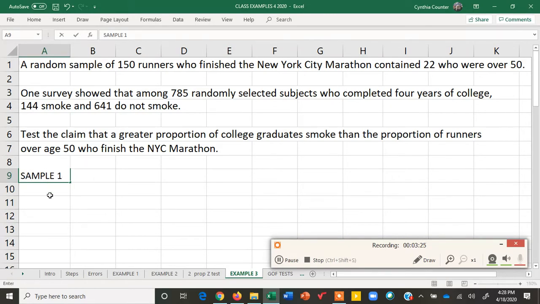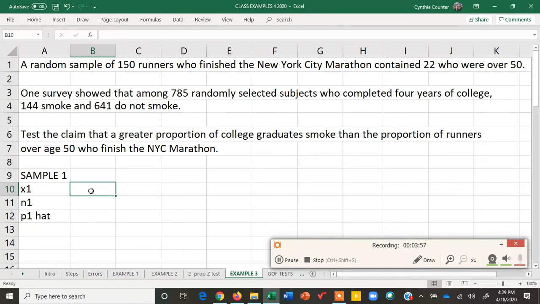Sample 1. We are going to identify our x1, our n1, and we will compute p1 hat. I like to write everything in its separate cell because we're going to have more computations than we had for the one proportion hypothesis tests. So it'll be easier to have these values available in their individual cells so we can just click on them when we are using them in formulas.